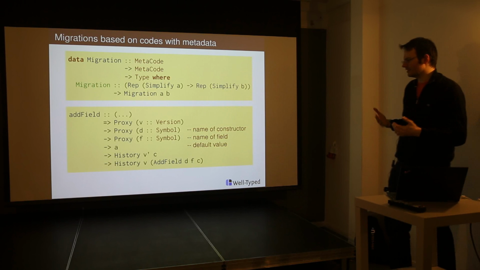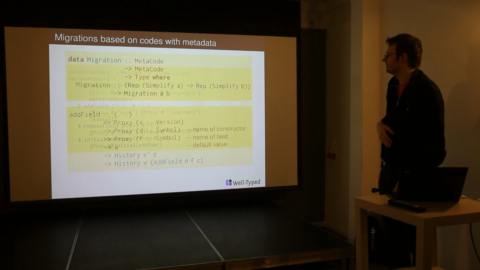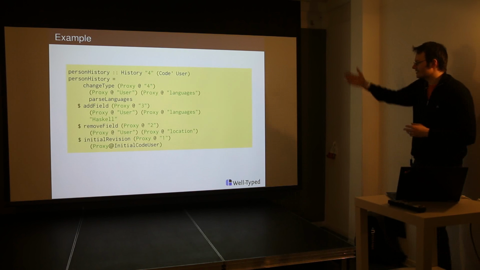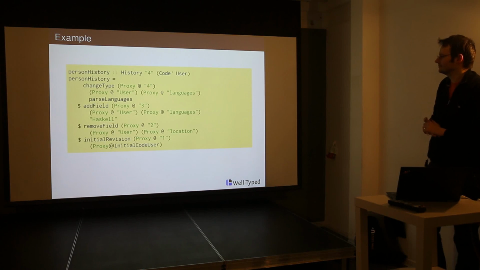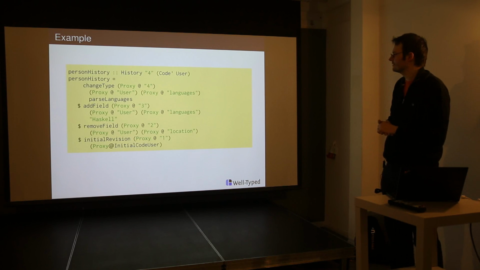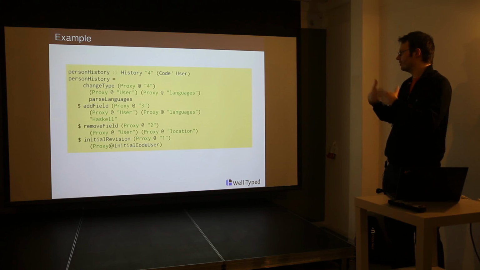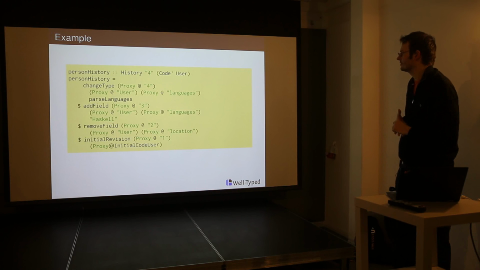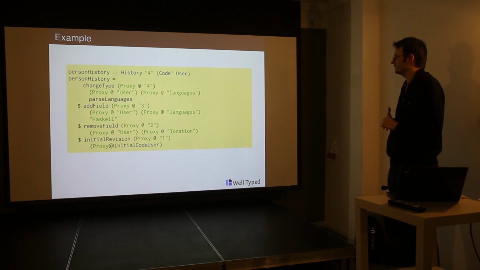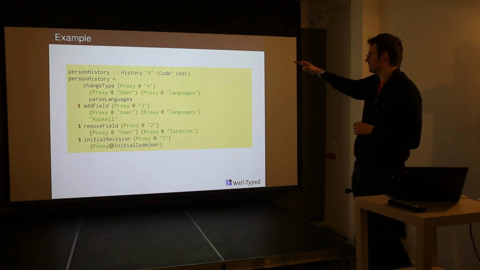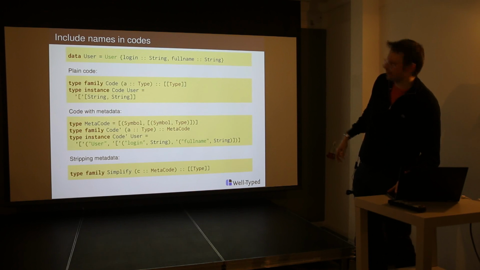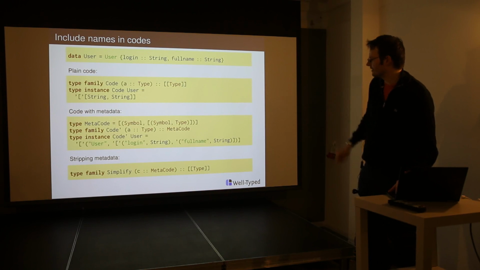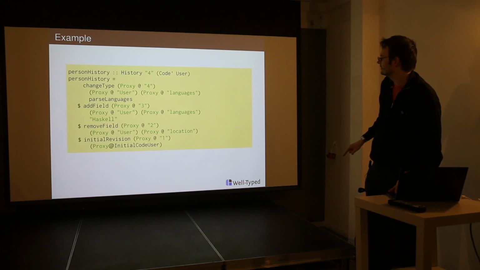And similarly, you can define other migrations. So the example that I showed in the beginning can be written like this. We had 4 revisions of the user data type, and code prime is the type family that derives the meta code.